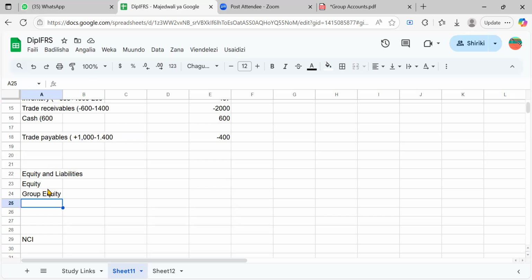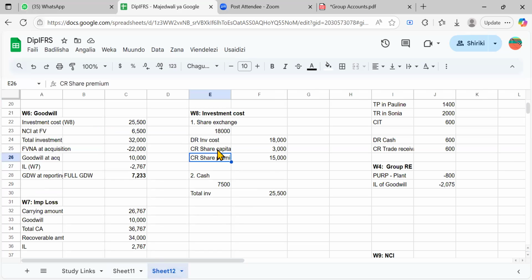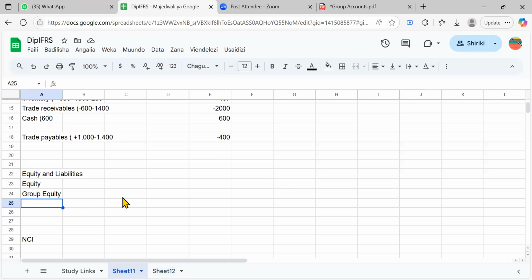So when you go to the group equity, you add the share capital and the share premium. Share capital equals 3,000.